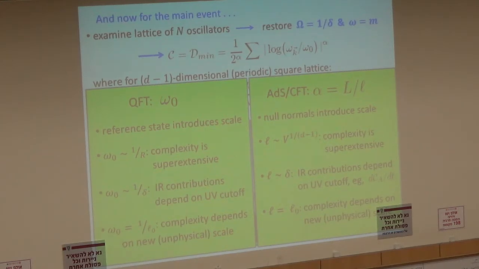Or I could just pick some arbitrary scale, and it's a new scale that comes into complexity problems. Now if I compare to this side, I had this omega naught that would appear in my reference state. And I can make the same set of choices here, and in fact I get the same set of features appearing, and the complexity, this leading term, looks very much like what I'm seeing in the complexity equals volume.